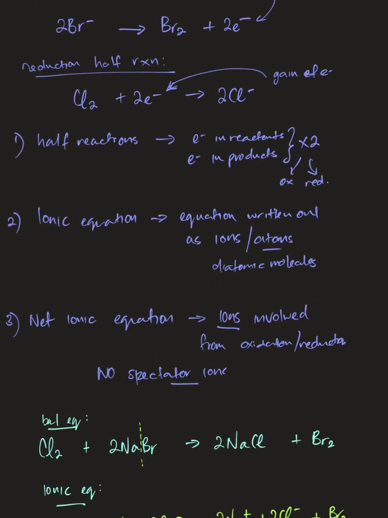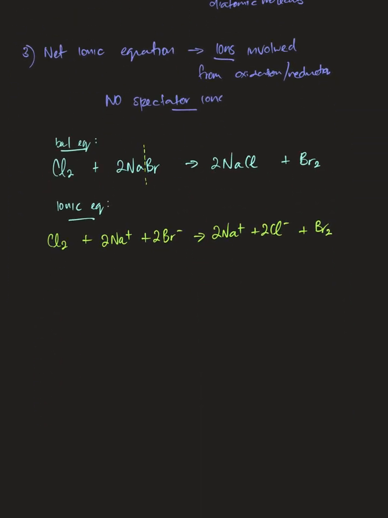So when I come down here and I'm busy writing out my ionic equation, in order to get my next one, let's see if I can choose a better color. If I want my net ionic equation, I've got to remove the spectator ion, which is the Na plus.